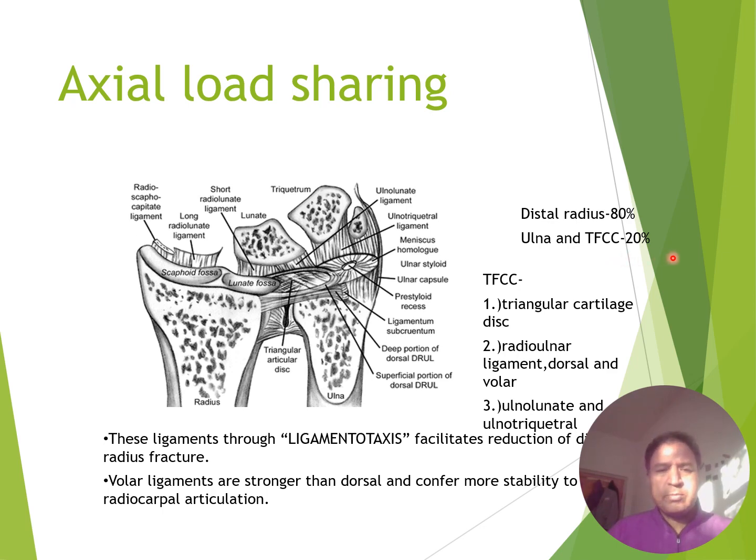The TFCC is the triangular fibrocartilage complex, with the radioulnar ligaments, dorsal and volar, and the ulnolunate and ulnotriquetral ligaments. Ligamentotaxis facilitates reduction of a distal radius fracture. Volar ligaments are stronger than the dorsal and confer more stability to the radiocarpal articulation.